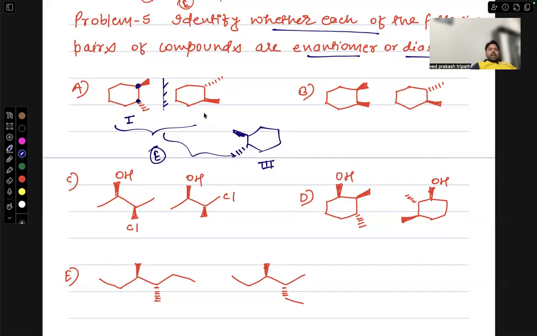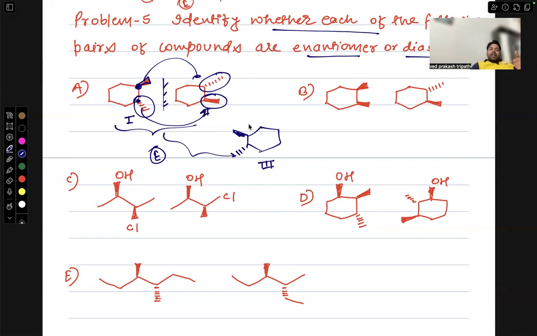So the first and second compound, if you compare, this is not a mirror in the right hand side. Now look at the axis change. This is methyl here, wedge, and this is dash. This is dash, this is wedge. So this is a kind of opposite as well, like wedge becomes dash and dash becomes wedge.